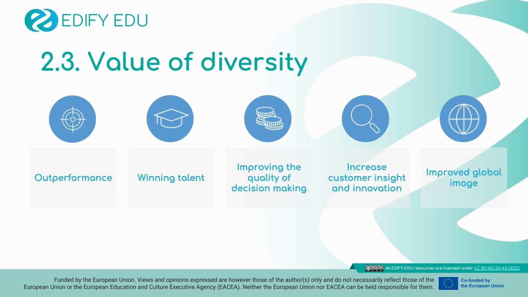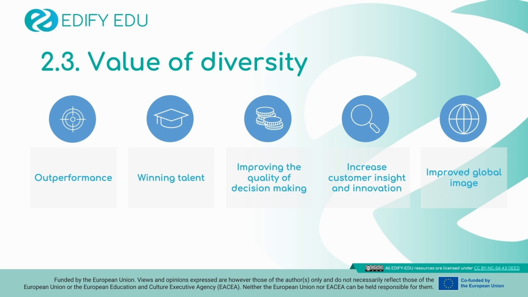Analysis of 2019 data shows that companies in the top quartile for gender diversity within executive teams were 25% more likely than companies in the fourth quartile to have above average profitability. The greater the representation of gender diversity, the higher the likelihood of outperformance.